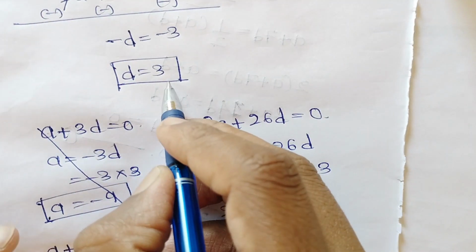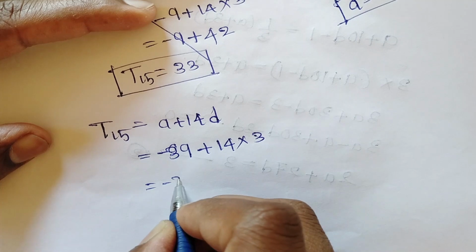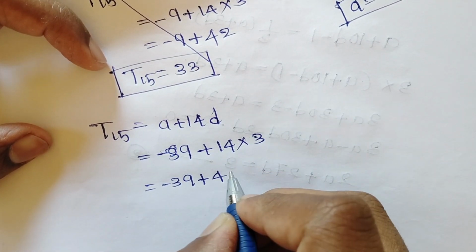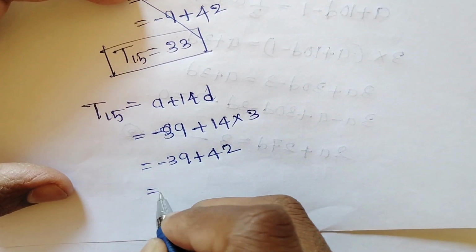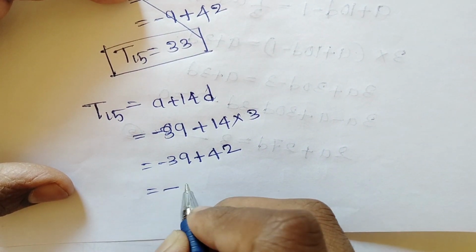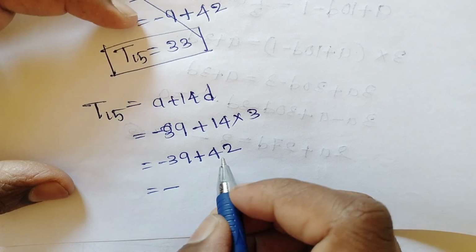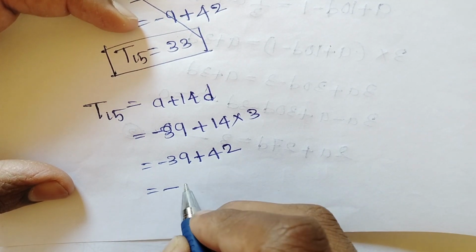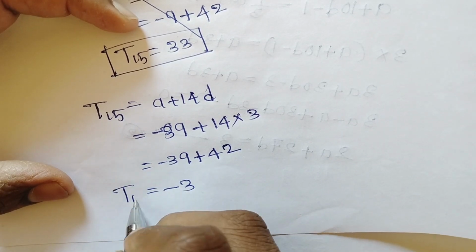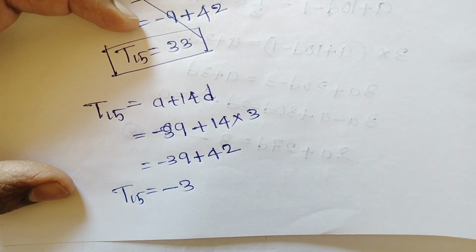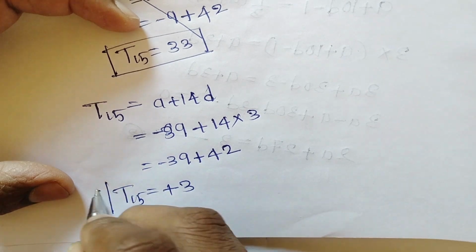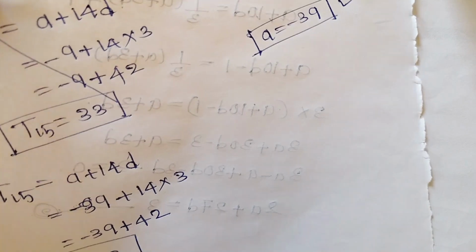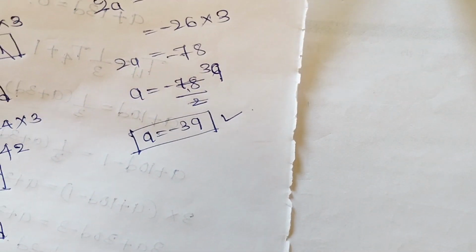Okay, we know d is 3, so it becomes minus 39 plus 14 times 3, which is 42, and this becomes plus 3. Term number 15 is plus 3.